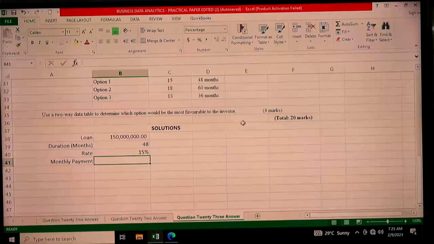This worksheet. So we've got the worksheet. I've shared it there.